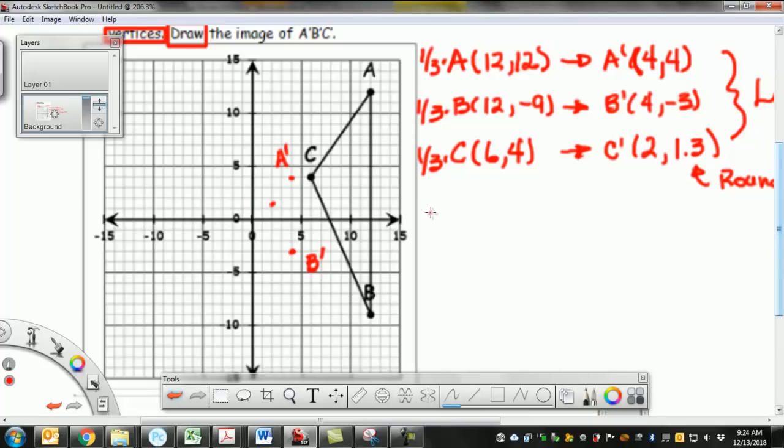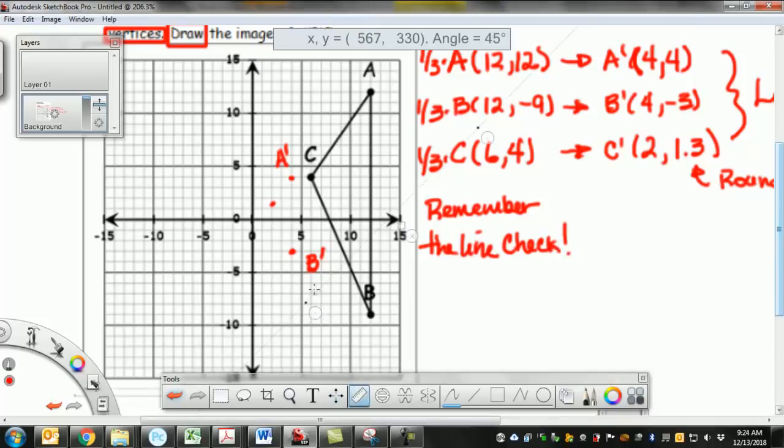One thing that's good to do is there's a line test that you can do. You can hold a straight edge up from the center of the graph to the original point, and if you've done it right, the new point should also be on that line. They should be what we call collinear.